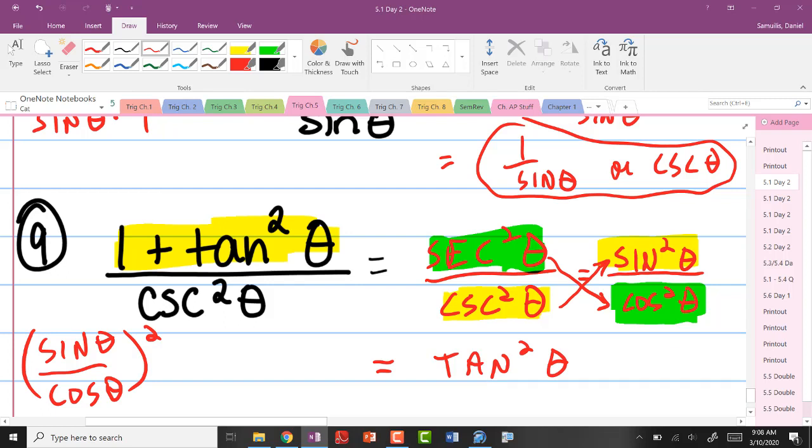So I can change that to this, and trig people would rather you write the squared here instead. You don't have to write any of that, but this is why sine squared over cosine squared equals tangent squared, and we can just go right to it.